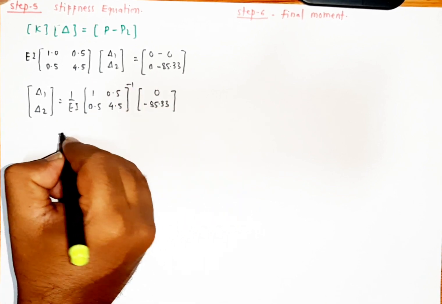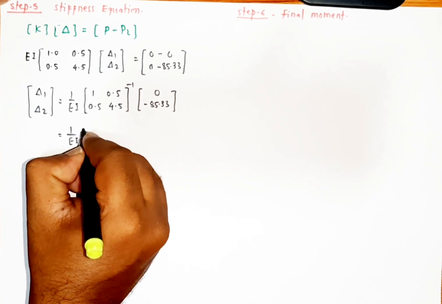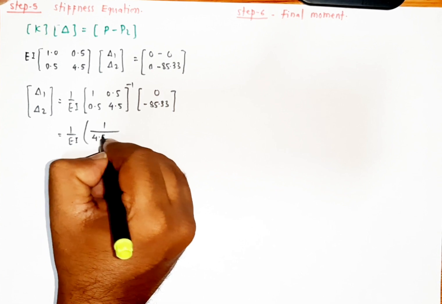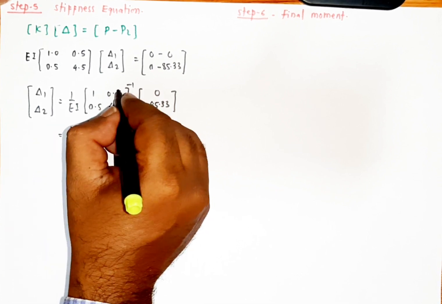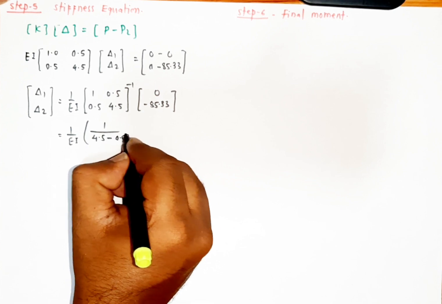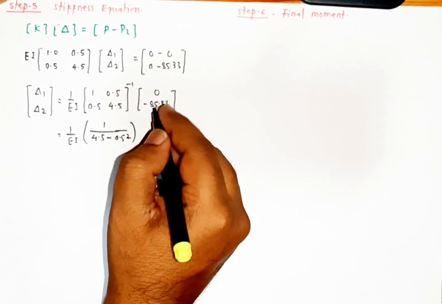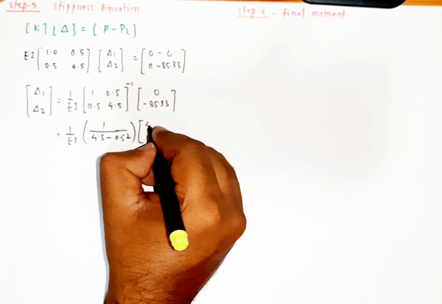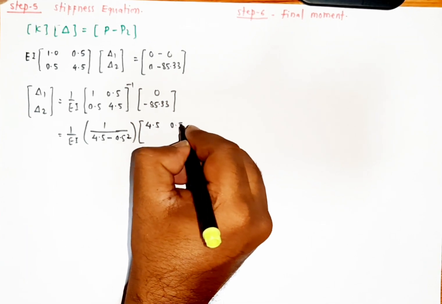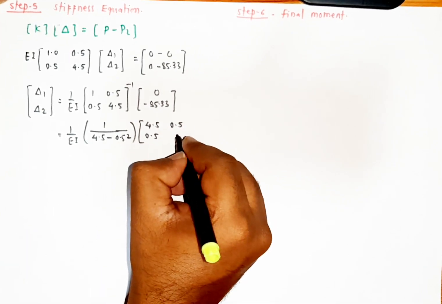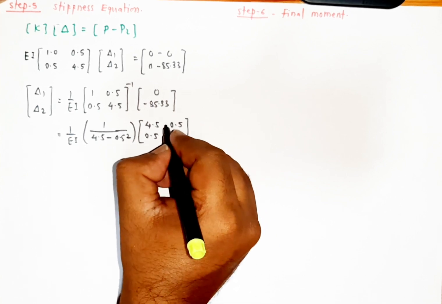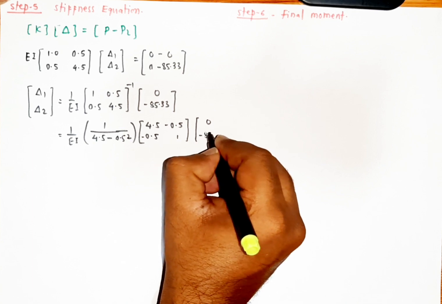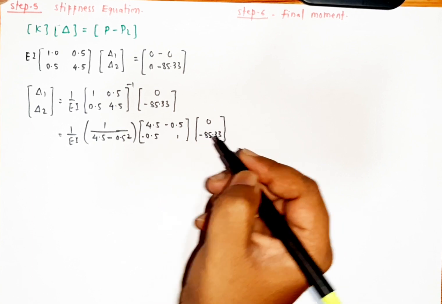So next is the inverse of it, that is 1 upon EI into 1 upon (1 into 4.5 minus 0.5 into 0.5, so 0.5 square) into, we have to exchange the diagonal values, that is 4.5, 0.5, then 0.5 and this is 1, but here this minus will be there, and 0 minus 85.33.